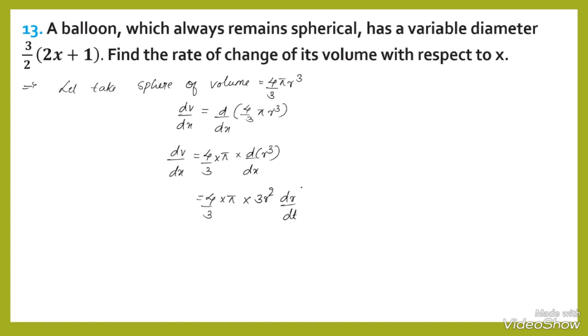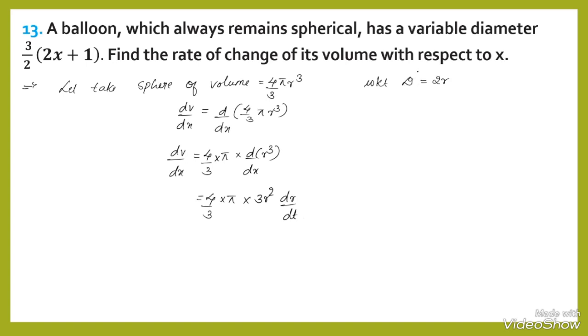Here they have given the diameter. What is the diameter? We know that the diameter of a circle is always 2 times the radius.